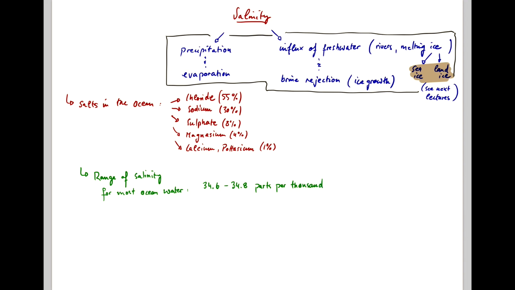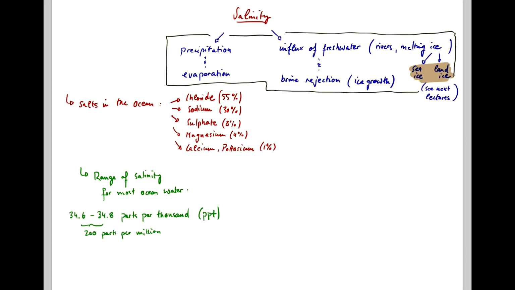So for 1,000 parts of water, there's about 35 parts of salt. And so this range is only 200 parts per million. Parts per thousand is often abbreviated as PPT.